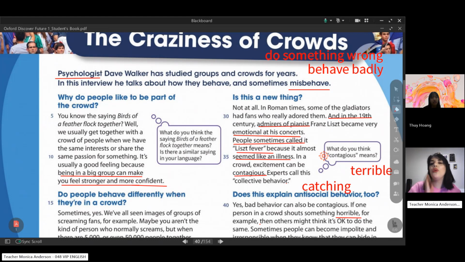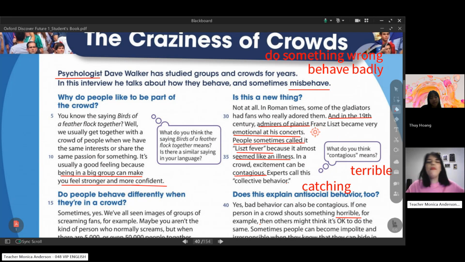Of course, so in the 19th century, admirers, fans. Admire means fan. A person who likes, who respects the other person. People who were the fans of pianist Franz Liszt. This is the name of the person, and he was a pianist.